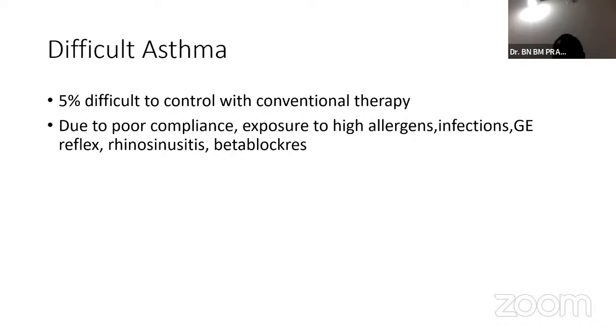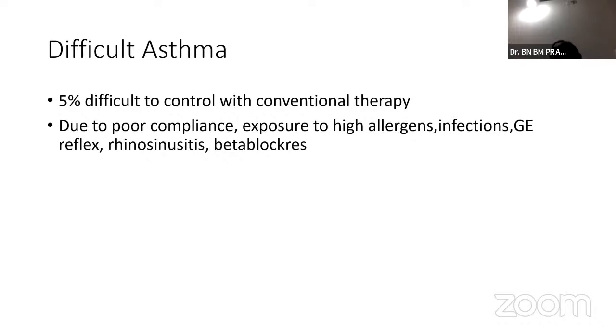So all these cases are very difficult to treat asthma. And there's another group called brittle asthma. That means the patient may be absolutely fine in the morning, and in a matter of a few hours, there's a sudden dip in the peak expiratory flow. There's a wide variation in the peak expiratory flow, and they can go into a very severe, unpredictable attack, and it can be life-threatening, and it can lead to catastrophe and death also. So these are the difficult asthmatics.